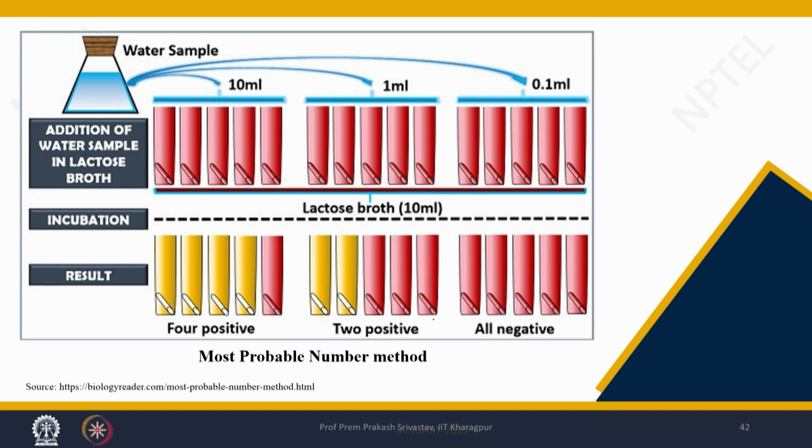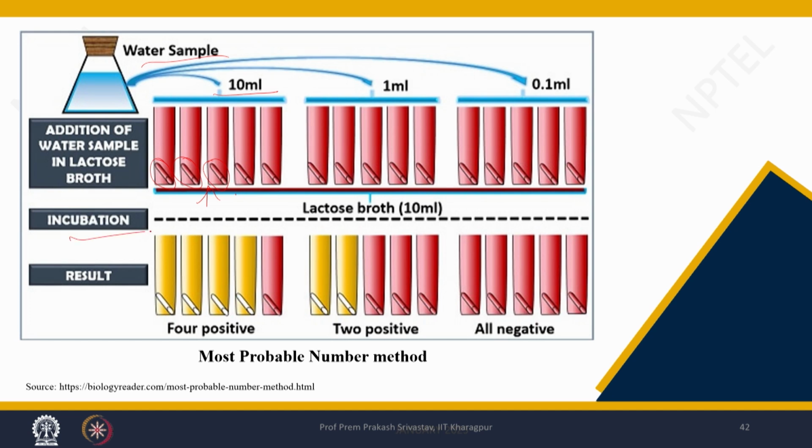This is the pictorial representation of water testing, where the water sample is diluted serially, or it can be directly inoculated in 10 ml of lactose broth, and Durham tubes are inserted here. 10 ml, 1 ml, 0.1 ml can be inoculated.